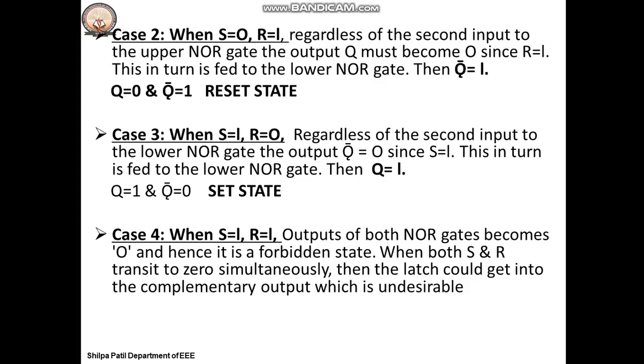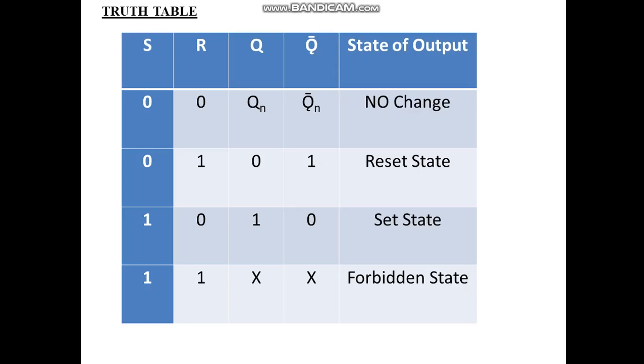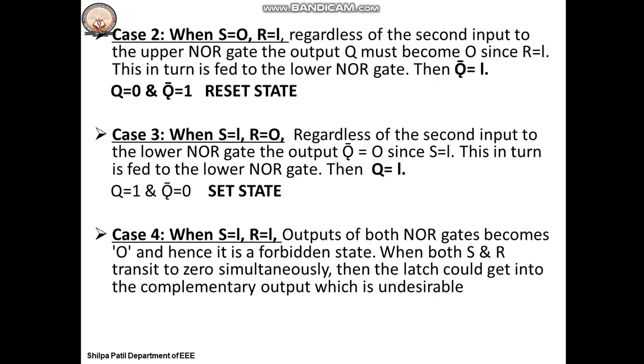Okay. So hence when S is equal to 1, R is equal to 1, your Q is equal to 0 and Q bar is equal to 0, right? Which is against the universal law. So always the outputs should be complementary, Q and Q bar. Okay. So hence when S is equal to 1, R is equal to 1, in an SR latch, it is a forbidden state. Okay, right?